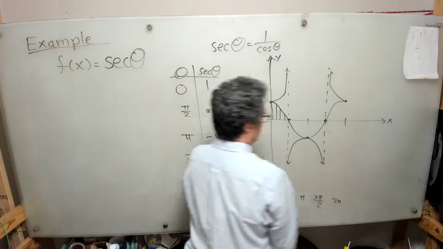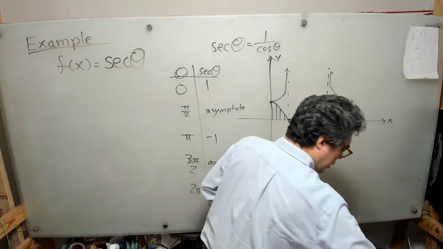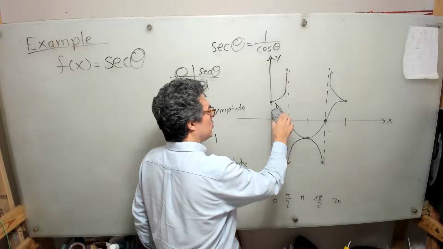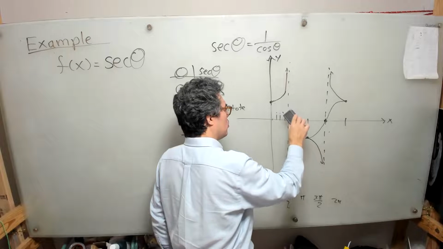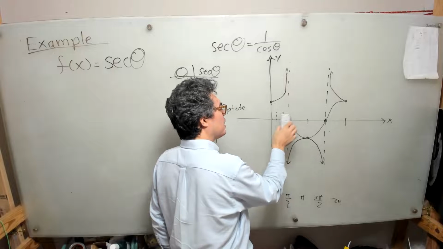Okay? So now, what we can do, right, is we can erase our cosine graph, because we don't need it anymore. We can think of our cosine graph as kind of like a scaffold.